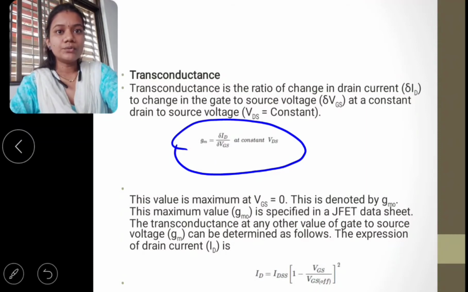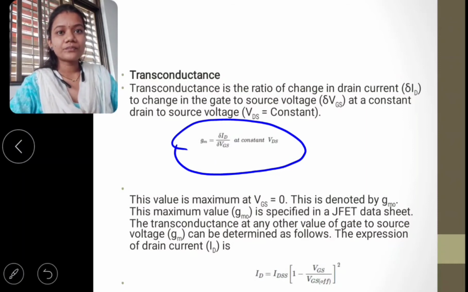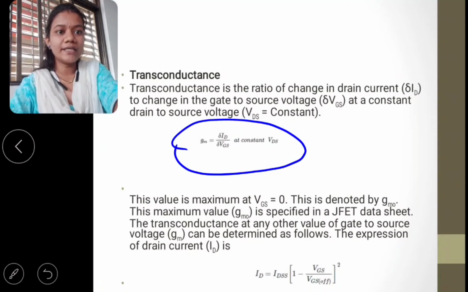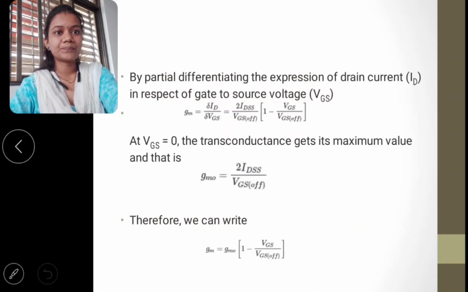When VGS is equal to 0, the maximum value is specified in the JFET datasheet, and for other values of gate to source voltage it can be determined using the expression ID is equal to IDSS into bracket 1 minus VGS upon VGS(off) bracket square.